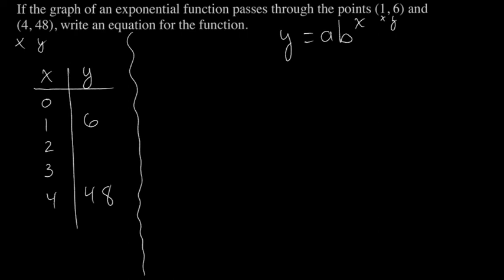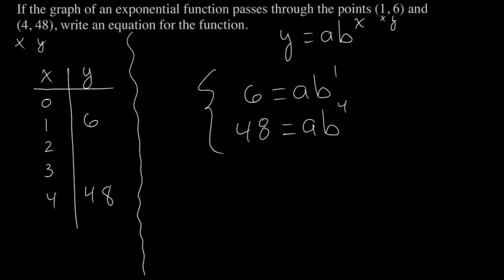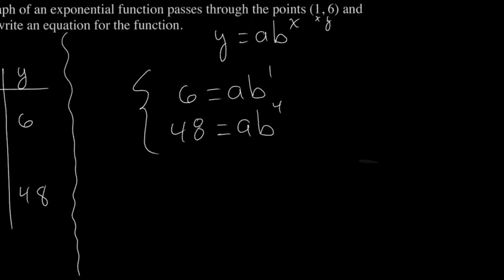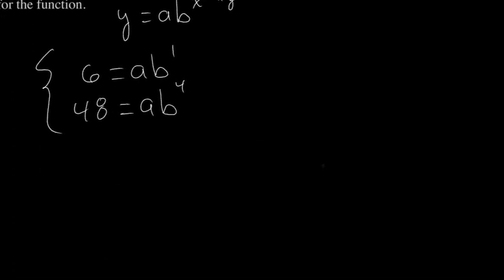The first one is 6 equals a b to the x power of 1. And the other equation is that 48 is equal to a b to the fourth power.